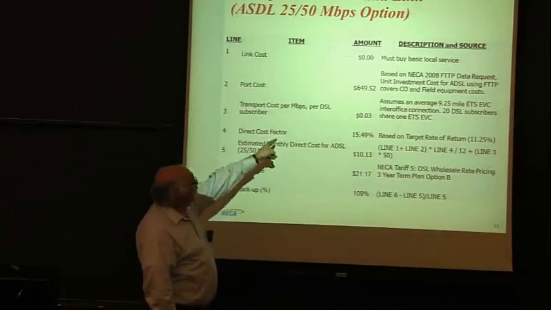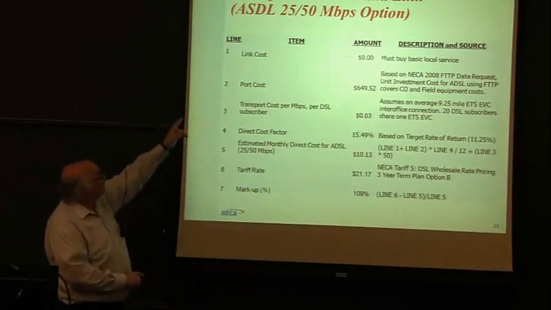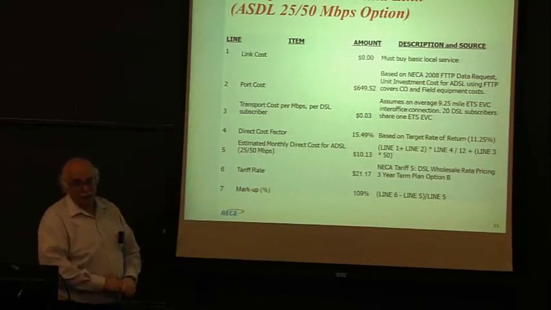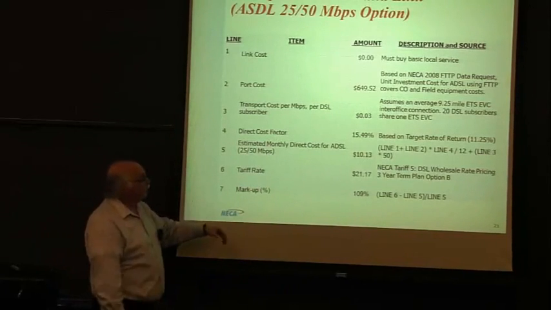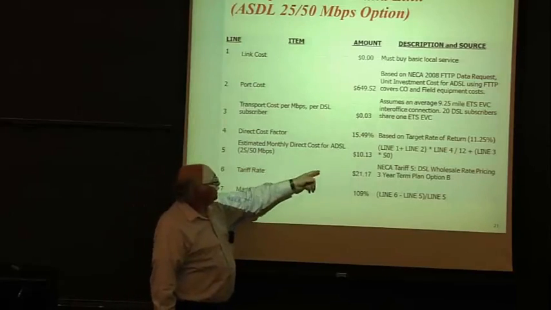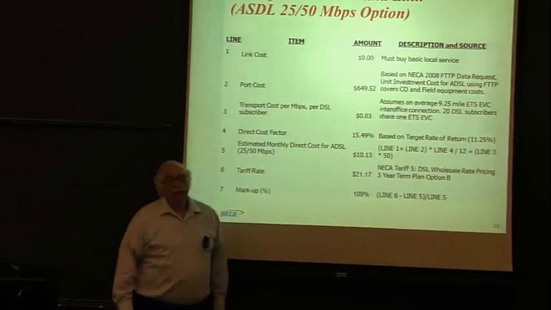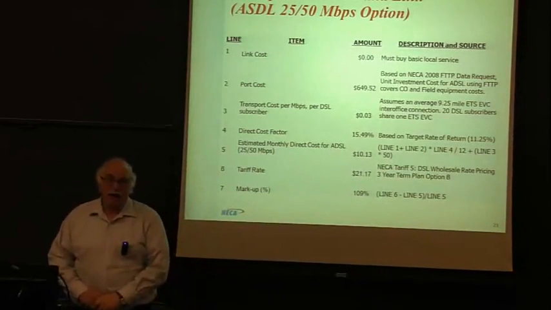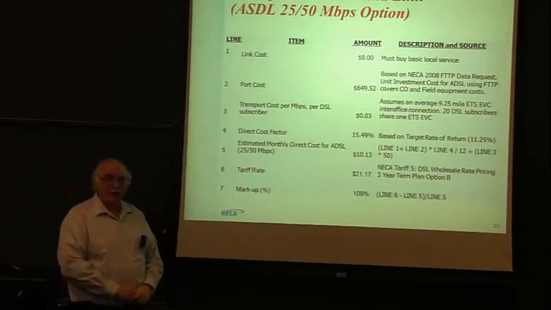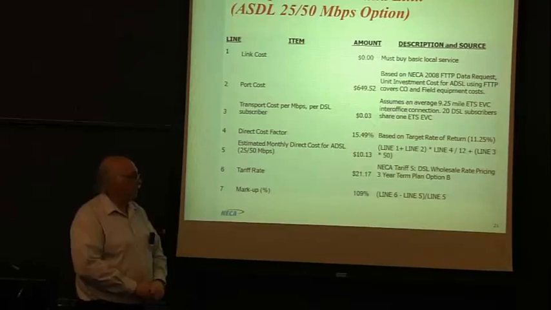And then we add in the 3 cents per megabit times 50 megabits download, and that gives you a transport cost per month. That gives you the direct unit costs associated with this particular DSL.